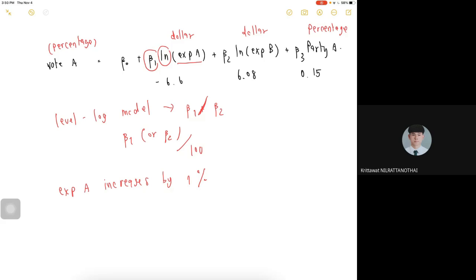So if the expenditure A increases by 1%, how is that going to affect vote A? Because you have a minus here, it means that if the expenditure A increases, vote A will decrease. And vote A will decrease in percentage in this case because it's already a unit of vote A.